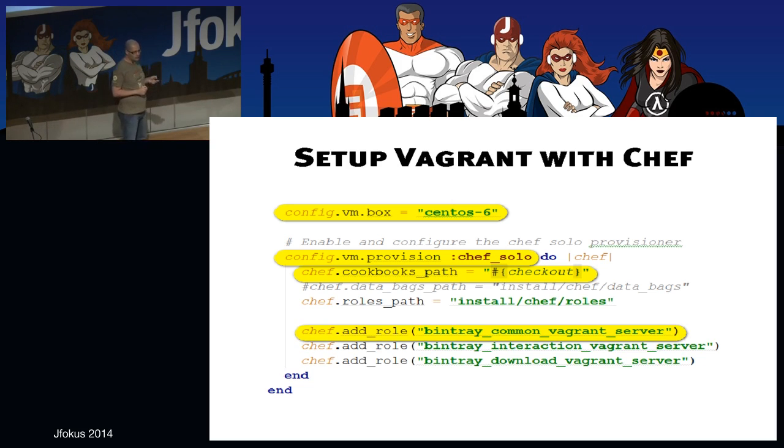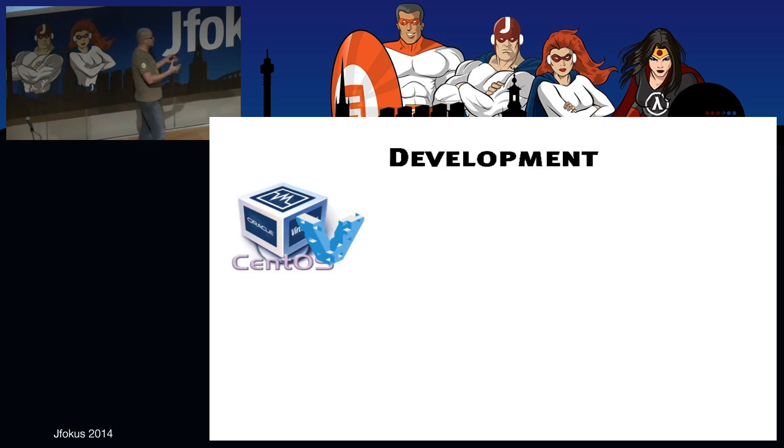We're going to talk about it in a minute. And then we just go and provision various sets of cookbooks which are under a single group called role. So Bintray common Vagrant server, and then for interaction, which is the UI, and then for the download, which is the download server for the files.